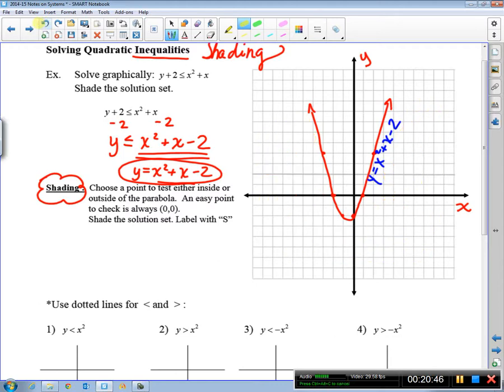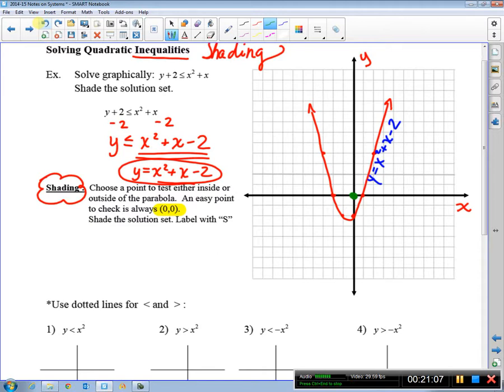Typically, we will suggest just try 0, 0. Try 0, 0 in the original problem. Here's 0, 0 right here. If 0, 0 checks, then you shade inside. If 0, 0 doesn't check, you shade outside.